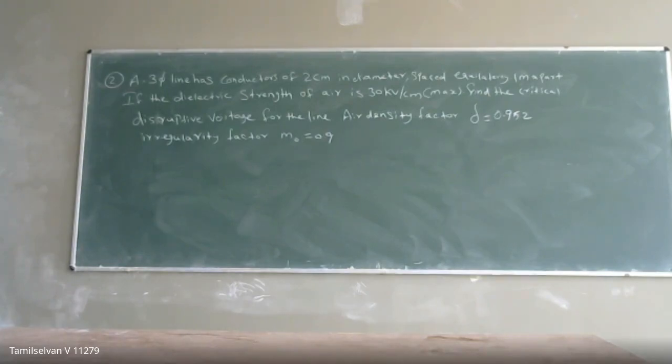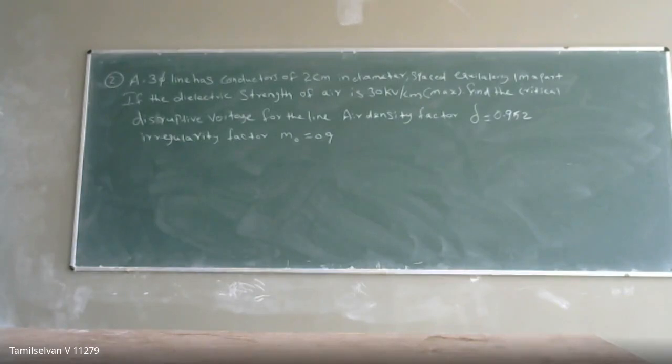You need to remember this formula to find out the voltage. Both the formulas are going to be very important. One is critical disruptive voltage, another one is critical visual disruptive voltage. So that formula you have to remember to calculate the values of your critical voltage.